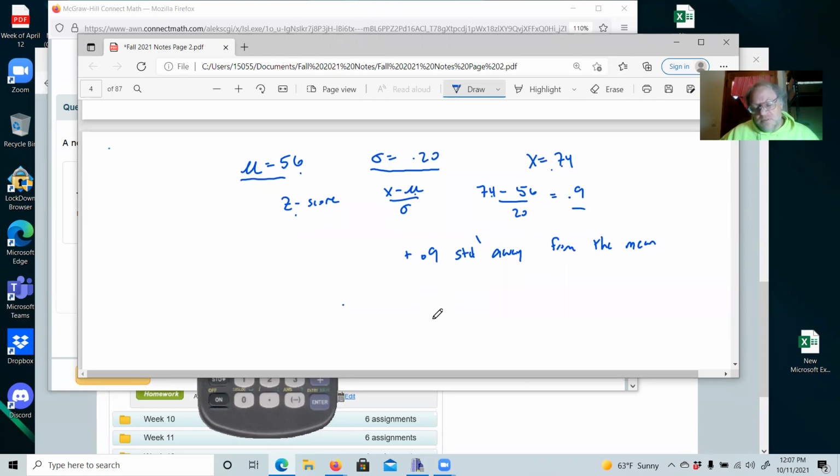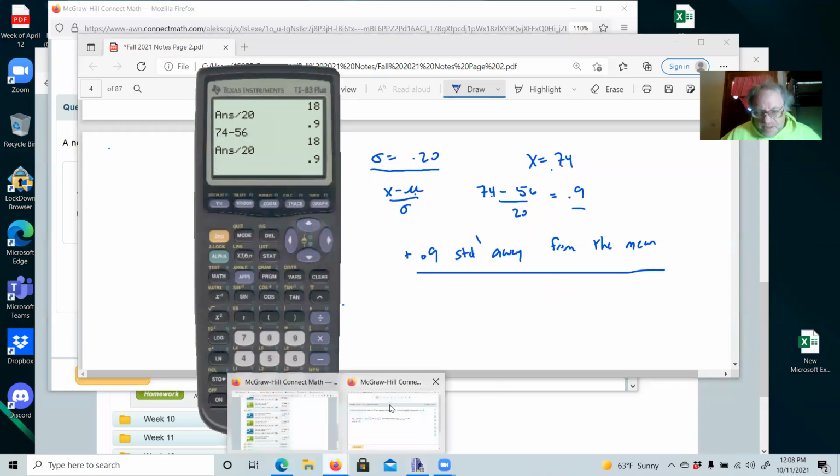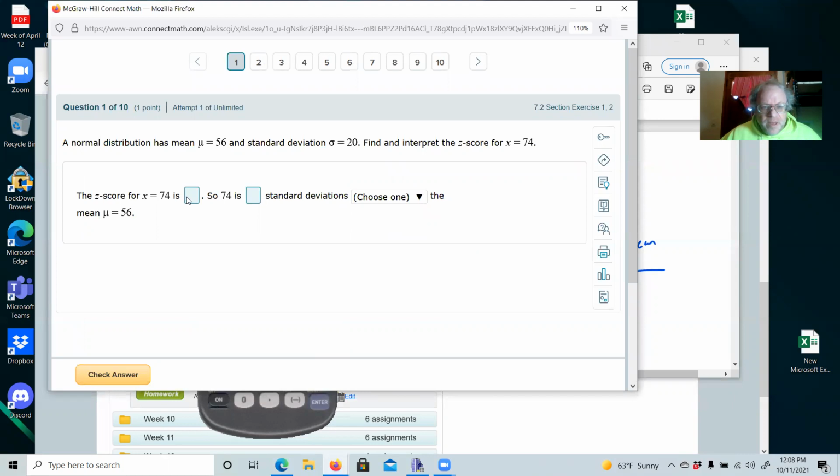If you're within one standard deviation of the mean, that's not really abnormal. 2 isn't really all that abnormal. But if we're talking 3 or more, then we're saying that's unusual. All this is doing is saying we are almost 1 standard deviation away from the mean. If we go back to our homework here, the z-score was 0.9.